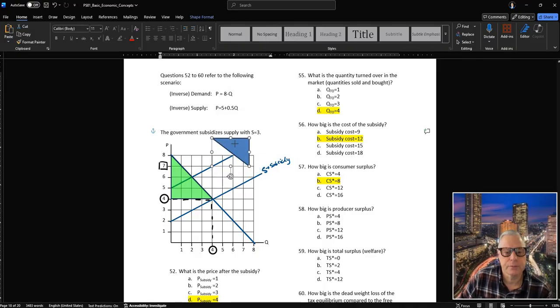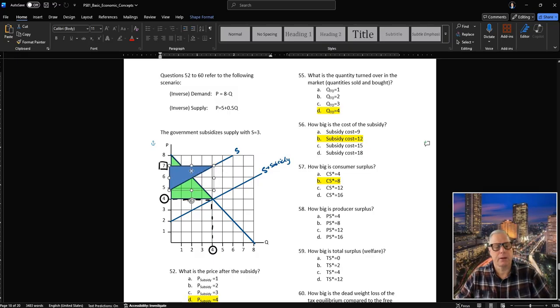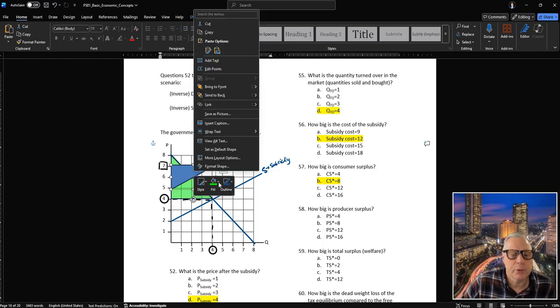So this area here is roughly producer surplus.